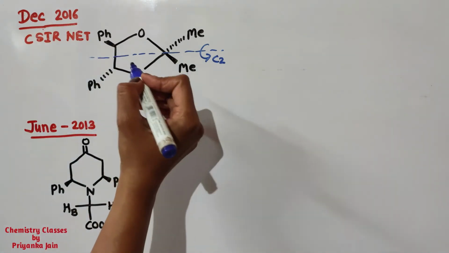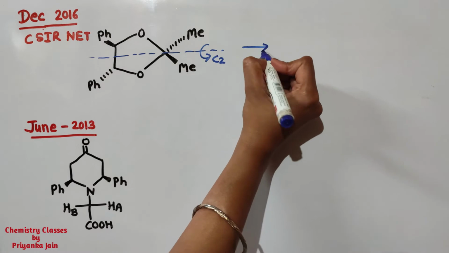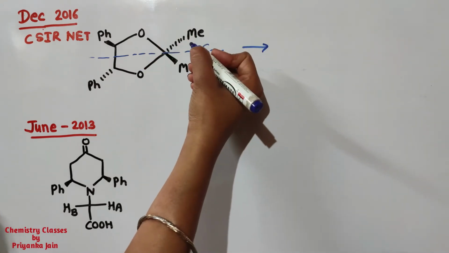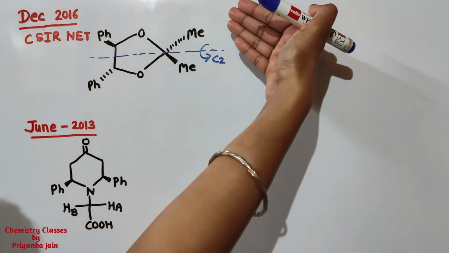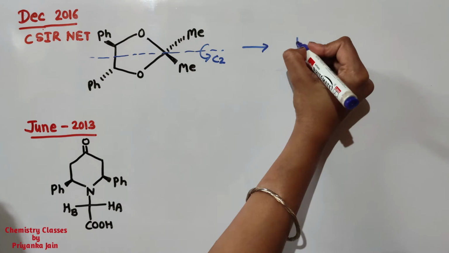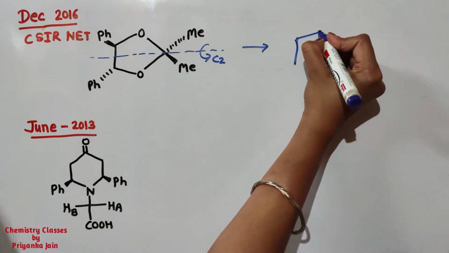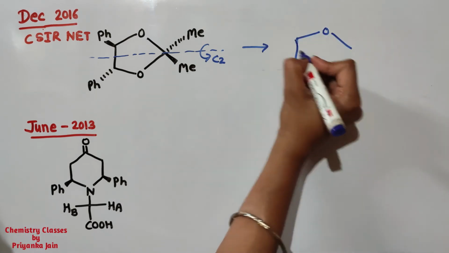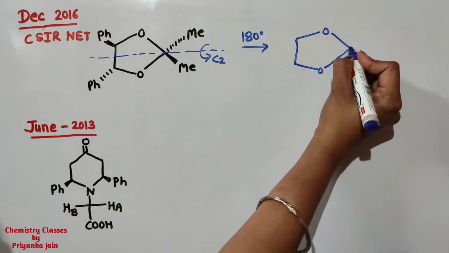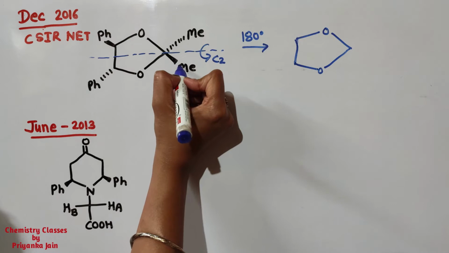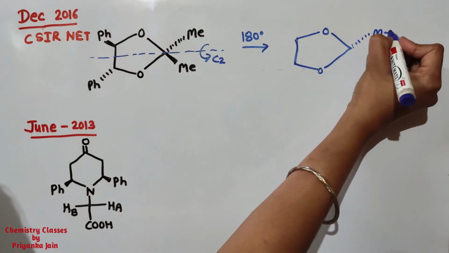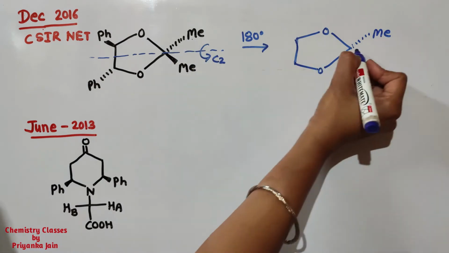And we know that by the 180 degree rotation, the group that is above the plane will go below the plane, and the group that was below the plane will come above the plane, right? So see here, if I make this structure again after the 180 degree rotation, what do we get? This methyl group is going here, so it will go to the back side, and this methyl group will come in front.